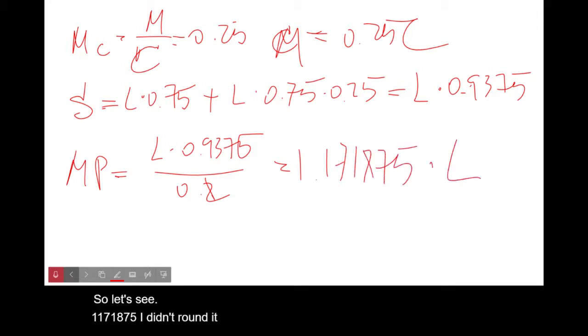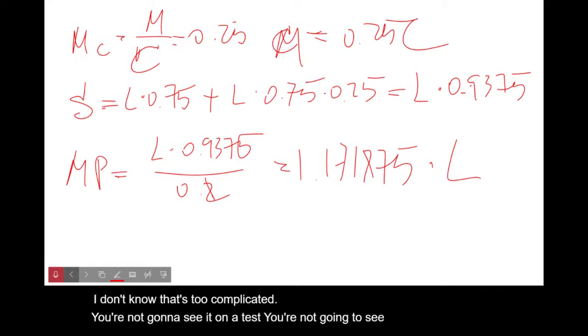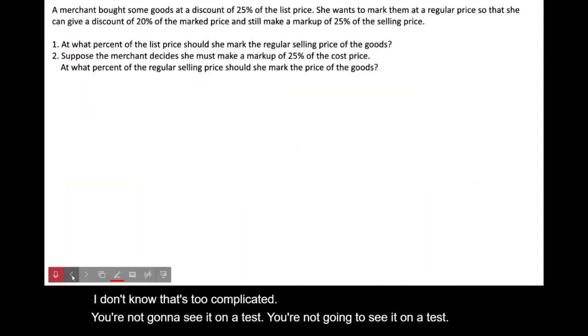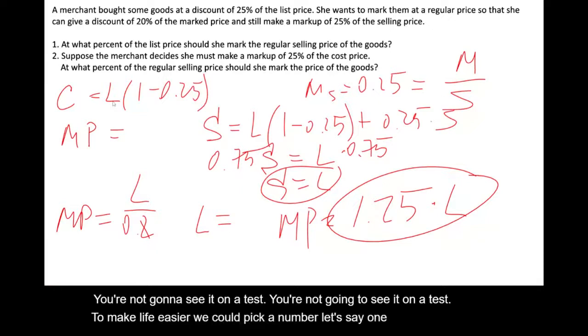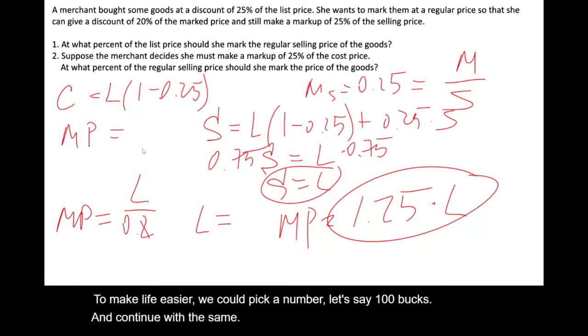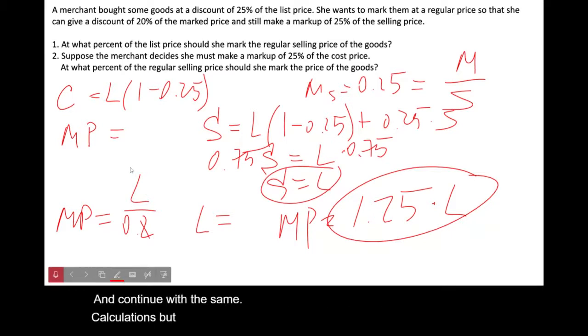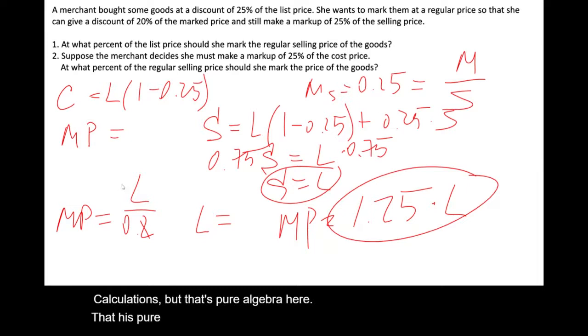L. That's it. Yeah, that's too complicated. You're not going to see it on a test. To make life easier, we could pick a number, let's say $100, and continue with the same calculations. But that's pure algebra here.